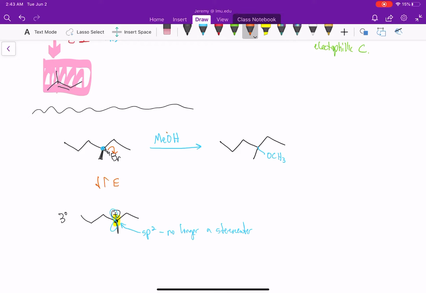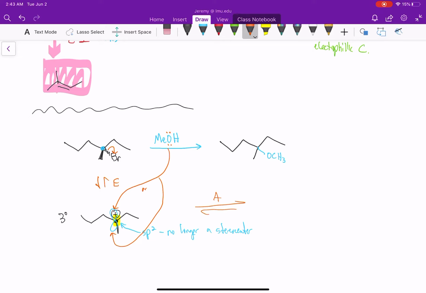So in our second step, when our methanol attacks, we can attack from the top side, right? Or you can attack from the bottom side. In inversion of stereochemistry, we have backside attack, but here we don't. You attack from either side, right?